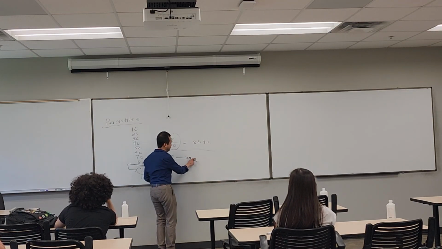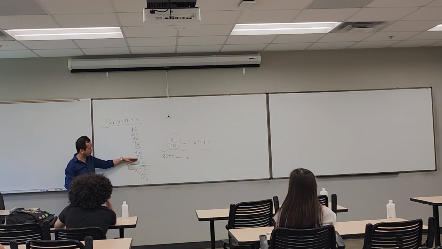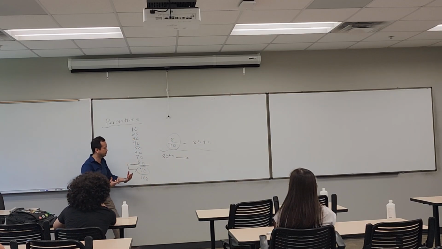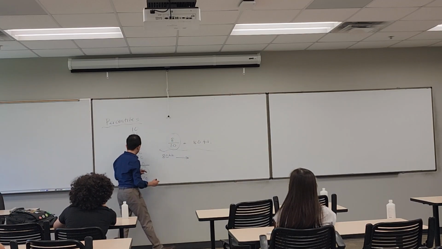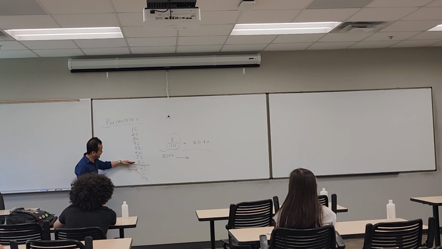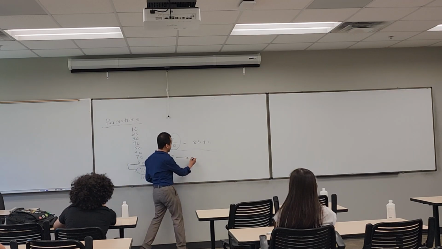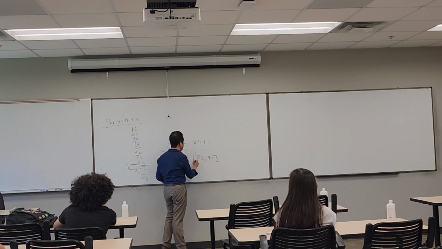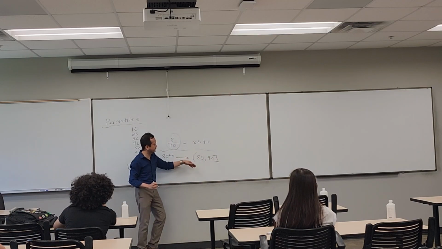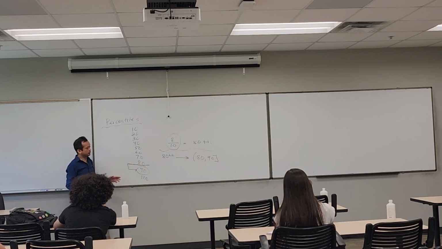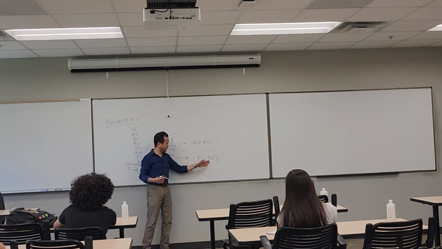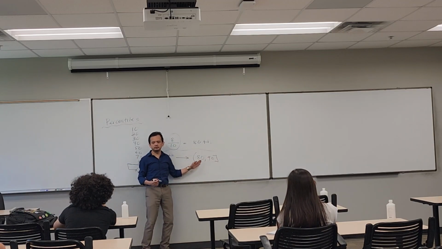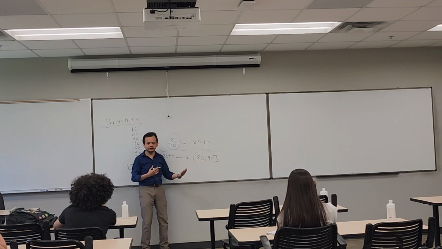So here, if we don't limit ourselves to values that are currently in the data set, if they can be inferred from the data set, then anything between 80 and 90, not including 80, I'll use this notation. So round bracket means we're not including 80, and square bracket means we are including 90. So you notice that in this case, there's an infinite number of possible values between 80 and 90.